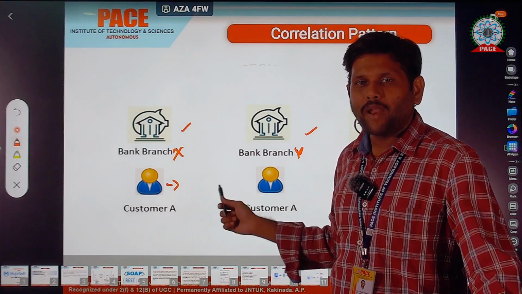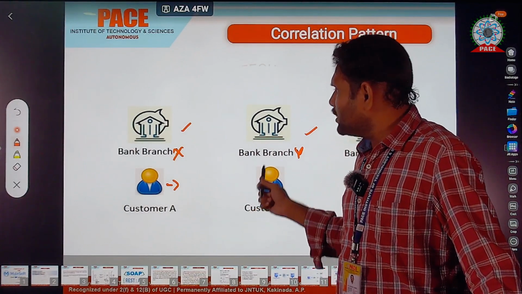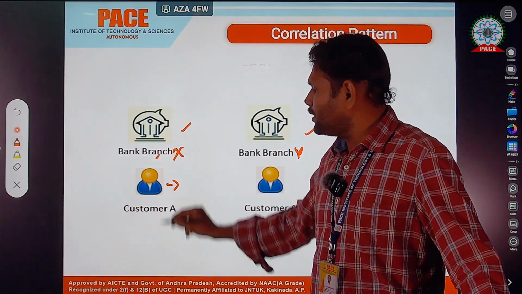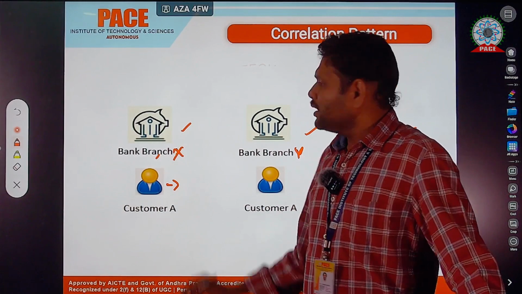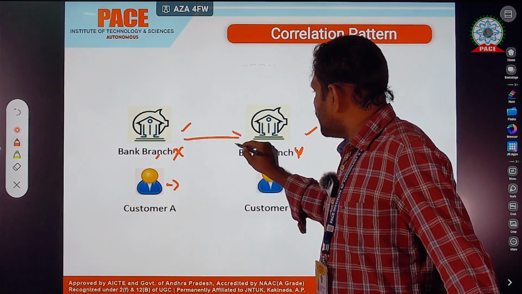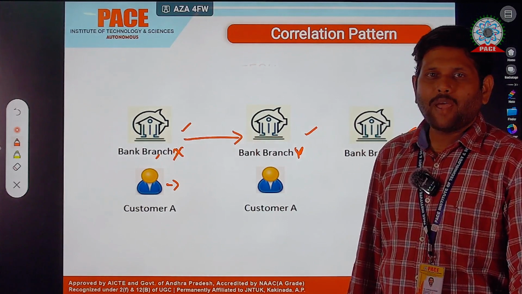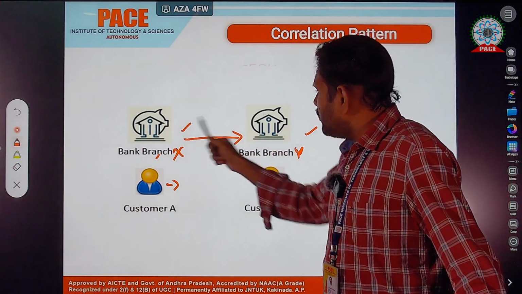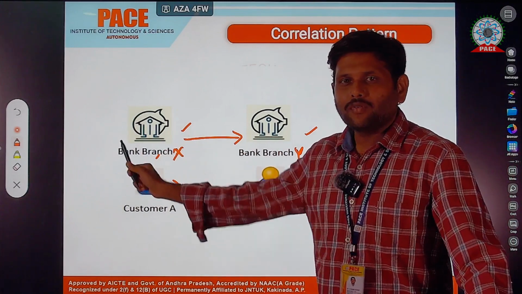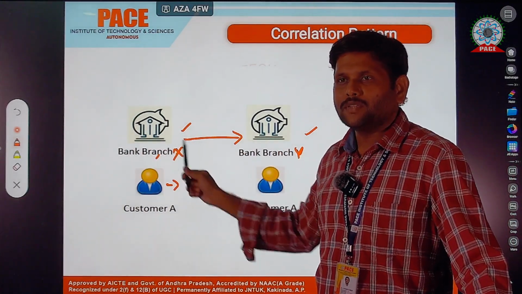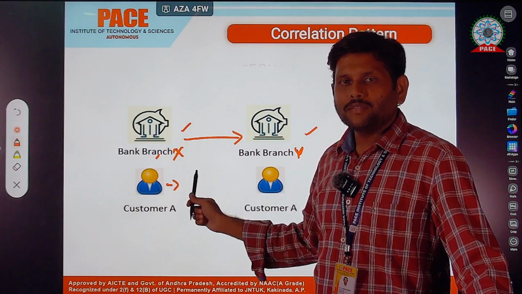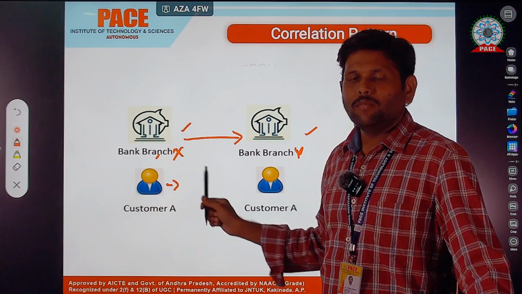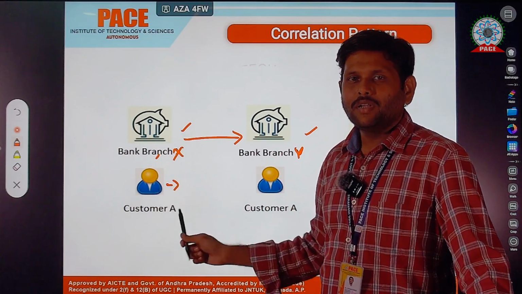Now what this branch has to do is send a request to branch X, saying I want this customer information. Then branch X will share the data to branch Y. That means the data is shared from one branch to another branch. Actually there is no need to maintain both branches with the same data, since both branches belong to the same bank but do not have access to customers belonging to other branches.